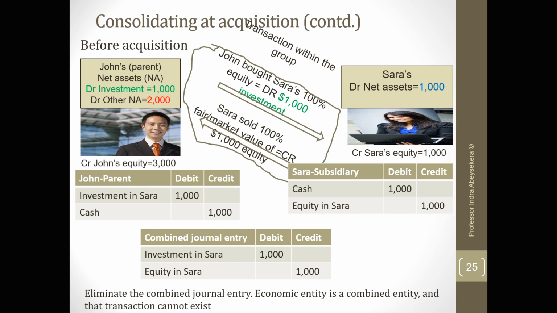We can combine the general journal entries for analysis, and the cash and cash cancel out, debit investment in Sarah and credit equity in Sarah. So we say that this entry is invalid, we must reverse it for consolidation purpose, and the consolidation entry becomes credit investment in Sarah 1,000, debit equity in Sarah 1,000.